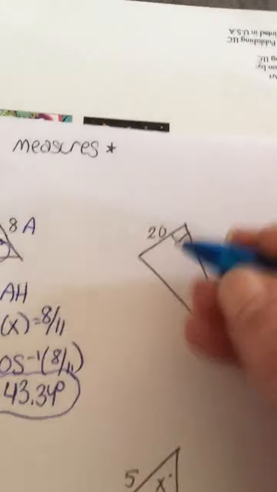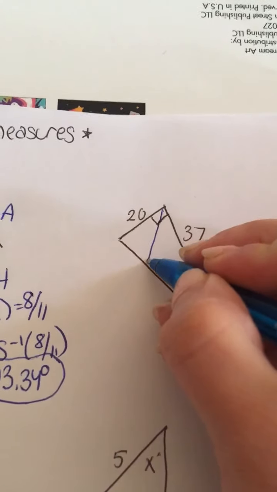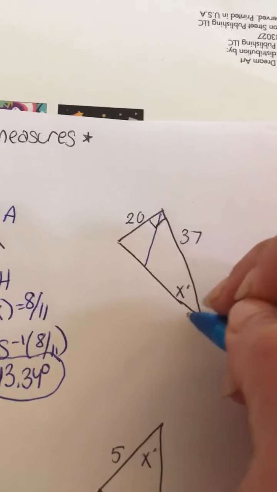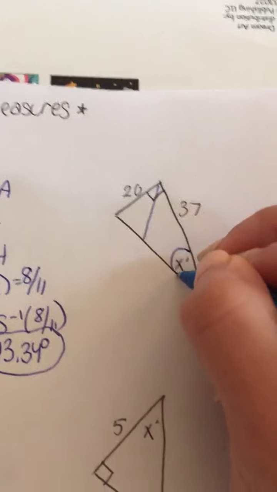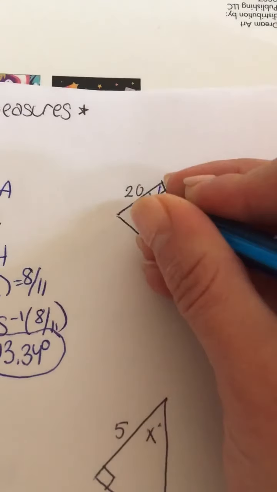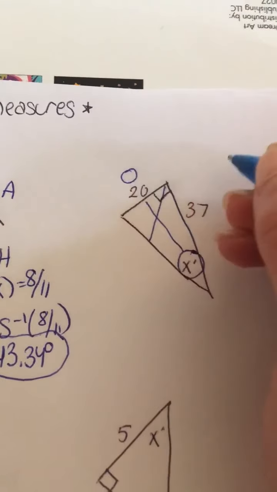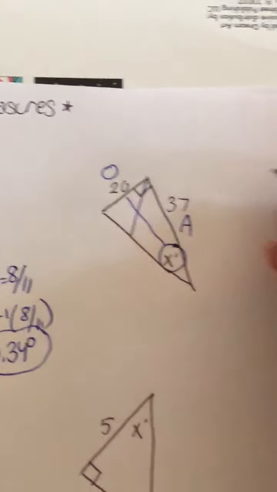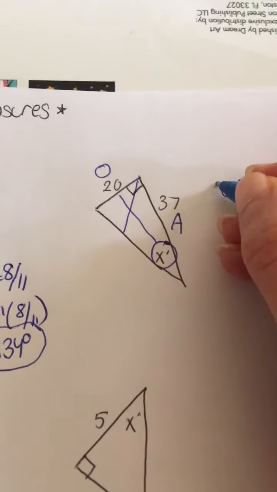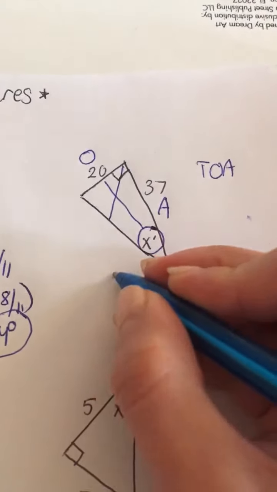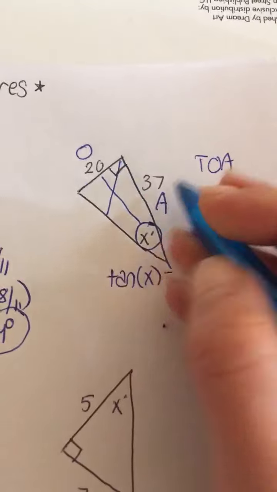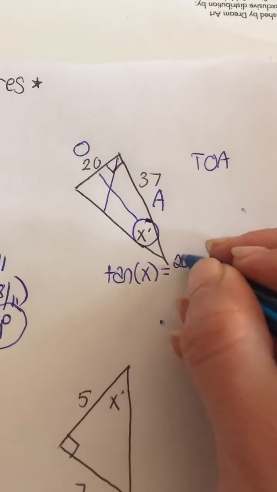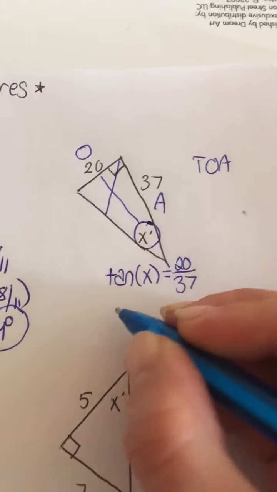Alright, so we're always starting the same way. From 90 across from it would be hypotenuse, but we don't need that side, so don't label it, don't confuse yourself. Circle your angle. Across from that is opposite, and this is adjacent. So we have OA, which is TOA, so we're using tangent of the angle equals opposite over adjacent, 20 over 37.